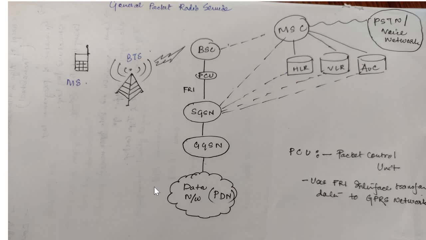As I said, GPRS uses the existing infrastructure and functionality of GSM to provide both voice and data communication. A few existing systems of GSM have to be upgraded in order to support the GPRS service.